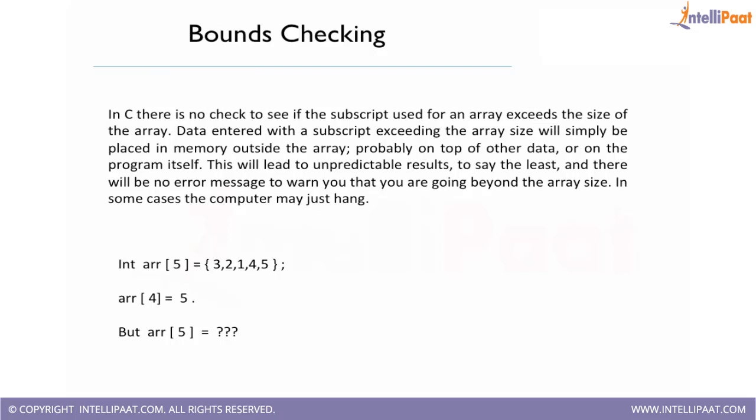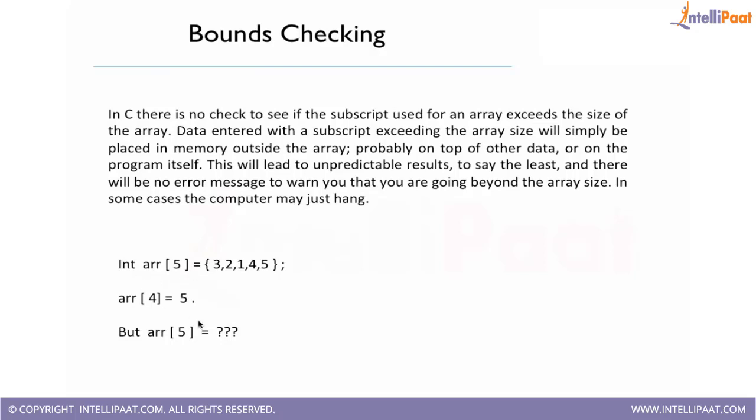For example, say my array is of size 5, and I have given the numbers 3 2 1 4 5. If I want to access ARR of 4, I'll get 5, because this subscript points to the last element of the array. But if I say ARR of 5, the scope of this is outside the array, so I don't know what value it will pick.